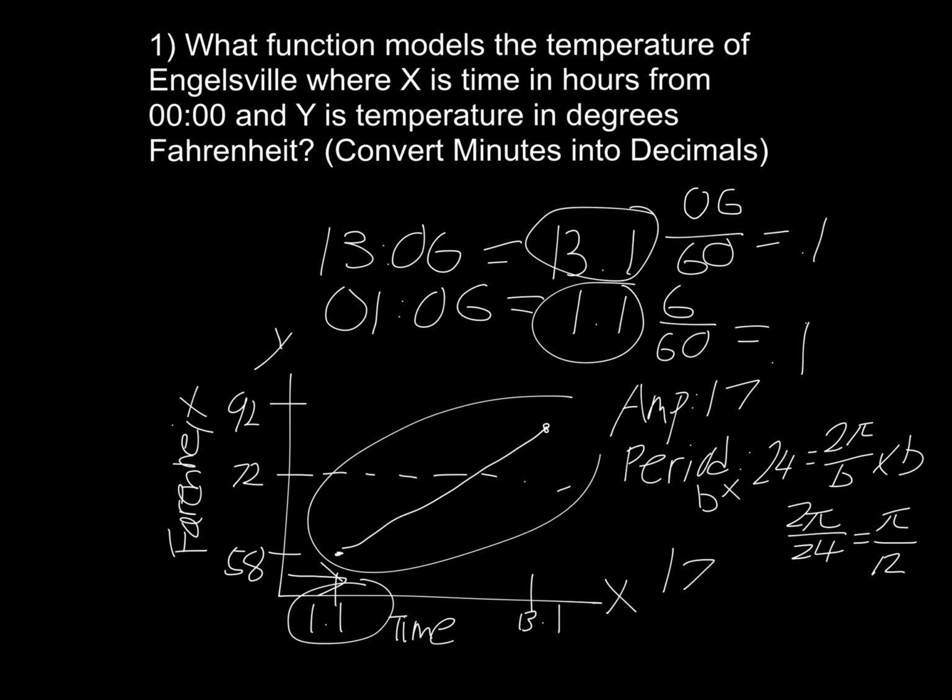Since this graph is a cosine, but it's reflected, we will just do negative cosine, and our period would be pi over 12, x minus 1.1, which is a phase shift, and plus 75, which is the height of our equation. 75 is also the starting point. So now let's head on over to Marksville.